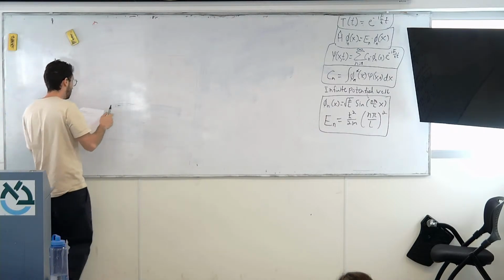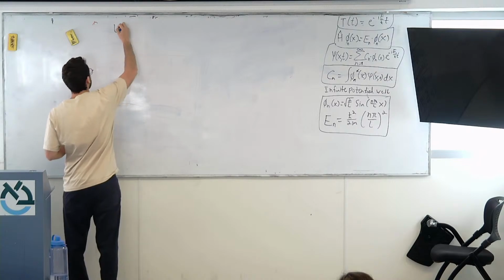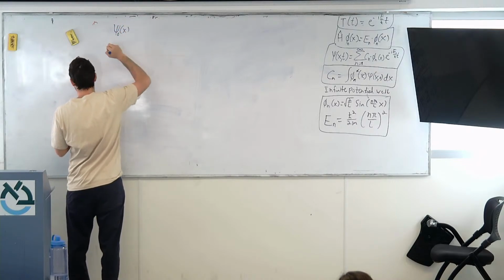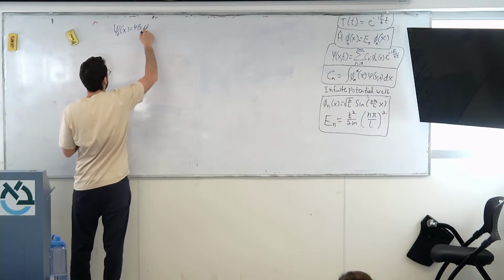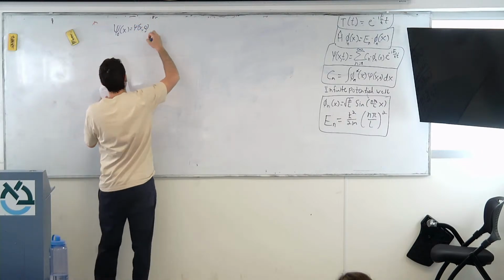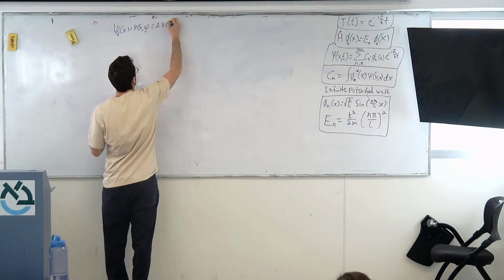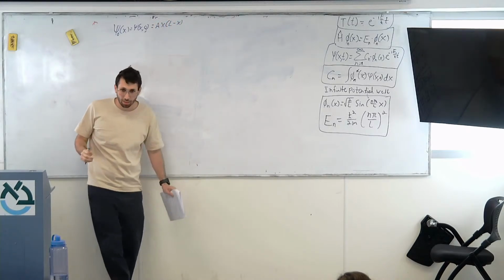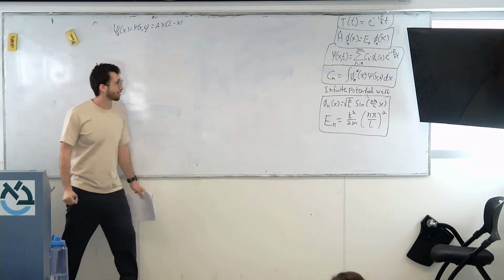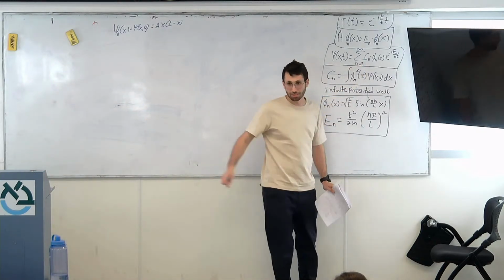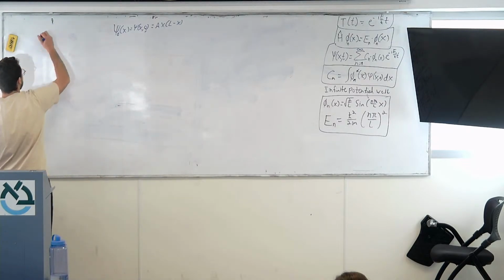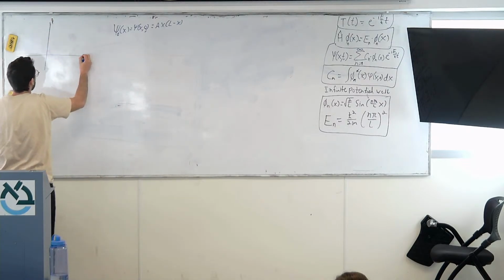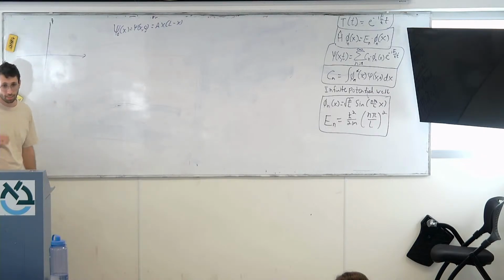Let's say you have some interesting initial position, psi 0 of x, which can be written as psi of x and 0, that's just notation, equals A x times (L minus x). Oh no, I cannot find the coefficients as easily as before. First thing we do is plot it.